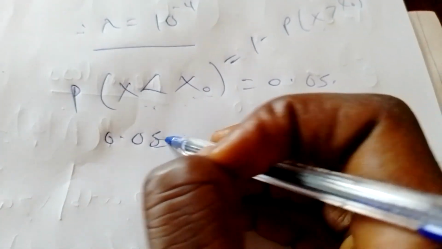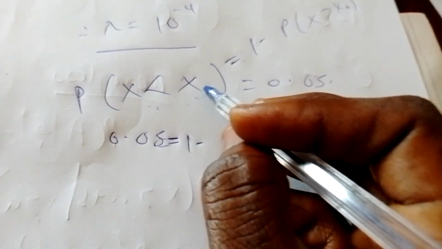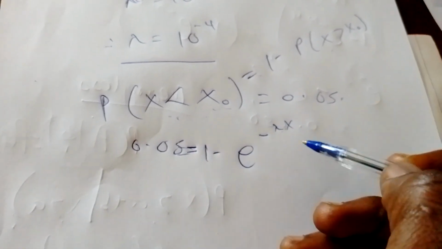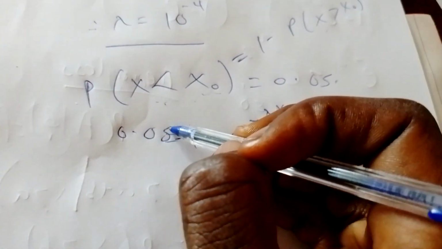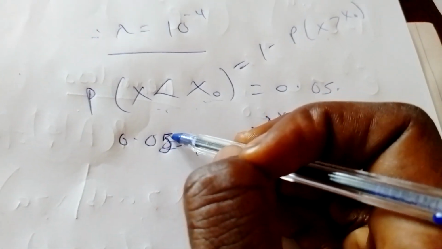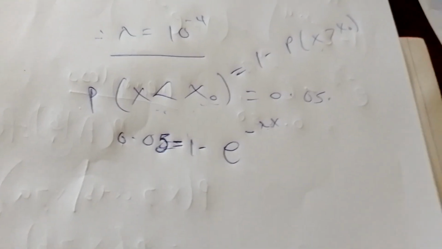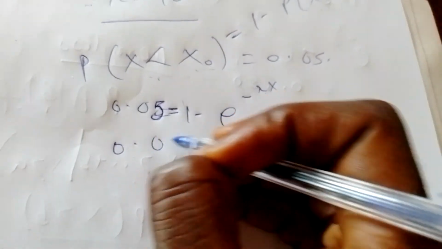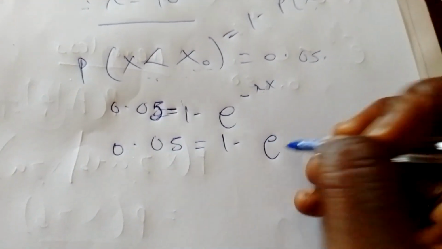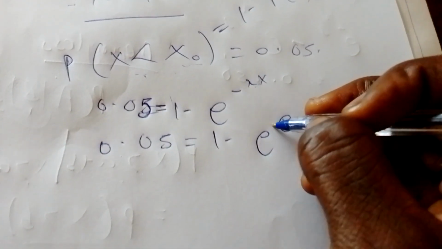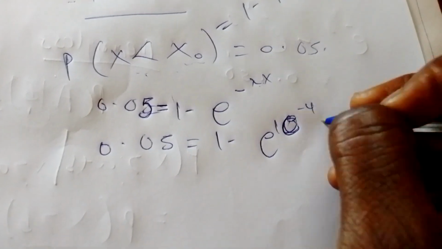It depends on how they put the question. If they said greater than, you didn't need this 1 minus, but since it's less than, it has to be subtraction. Now we can just do our algebra, so we have 1 minus e power negative 10 power minus 4 times x.